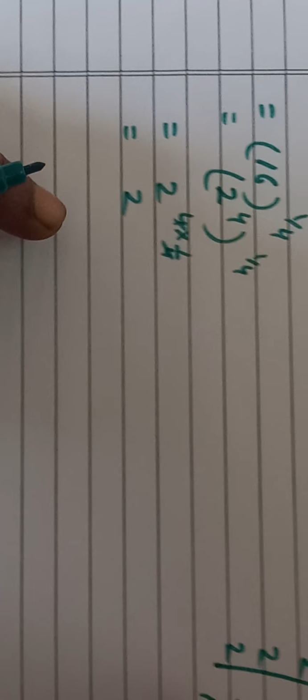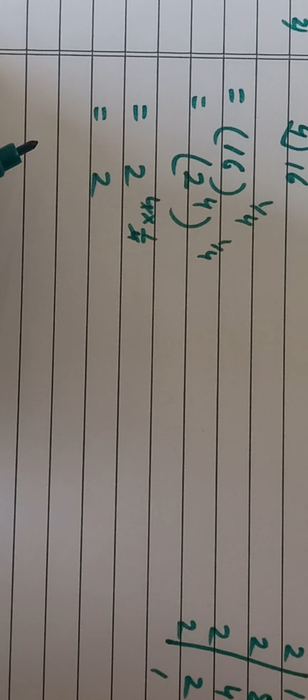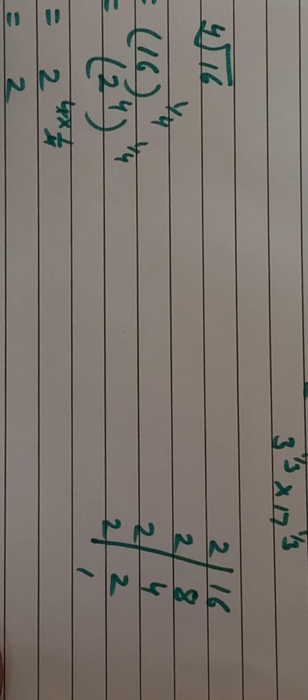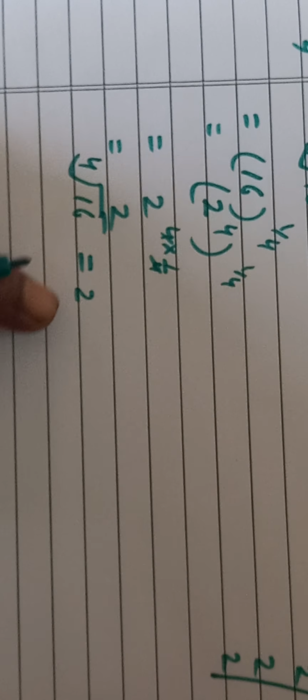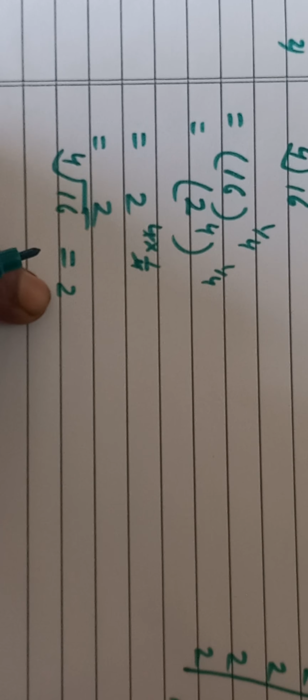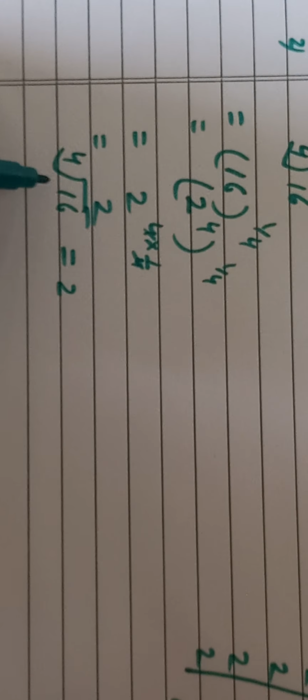Now 2 is a rational number. It's not an irrational number. So the 4th root of 16 is equal to 2, and 2 is a rational number.